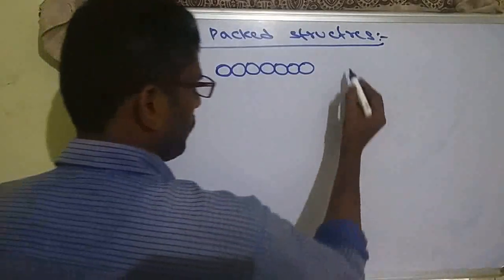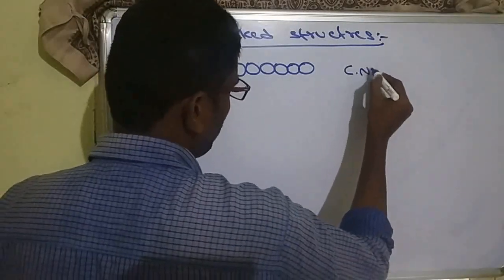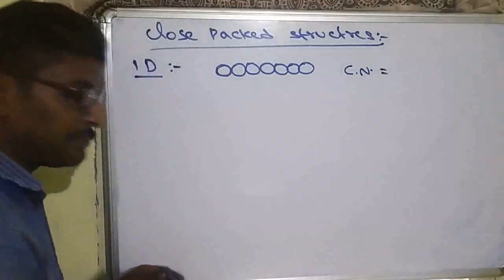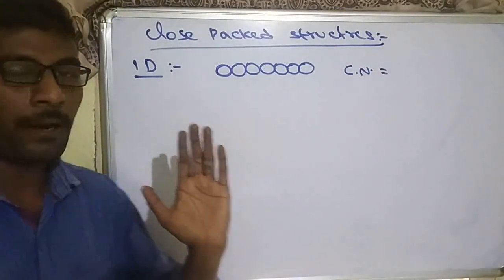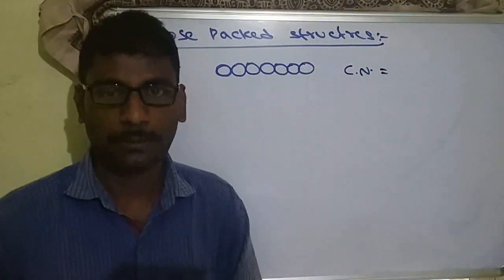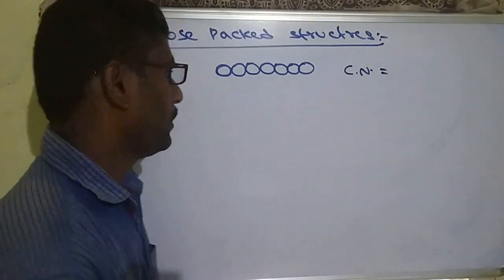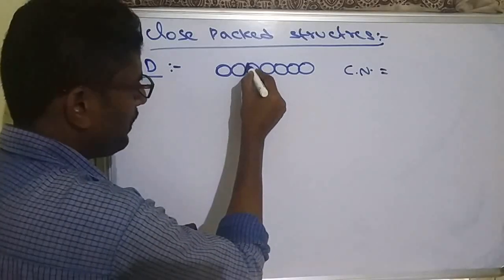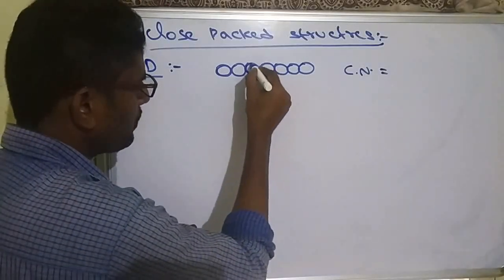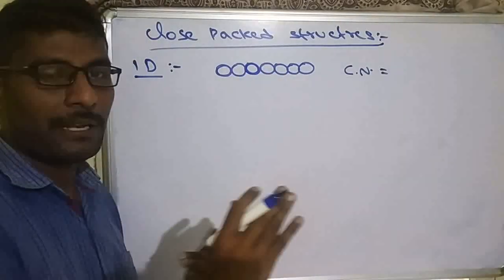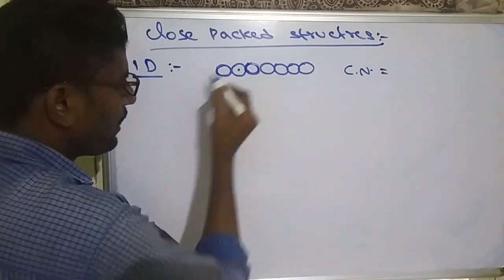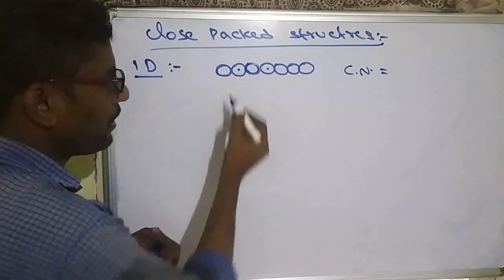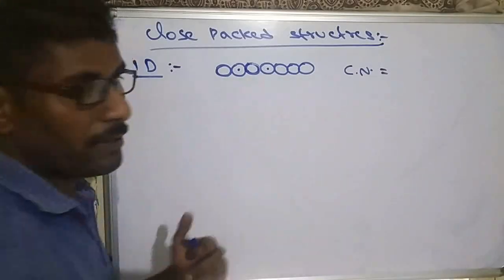Here, the important thing is coordination number. What does coordination number mean? It is the number of nearest neighbors per sphere. For any sphere we take, how many nearest neighbors are there? For this sphere, this is in direct contact, and this is in direct contact, so the number of nearest neighbors will be 2.